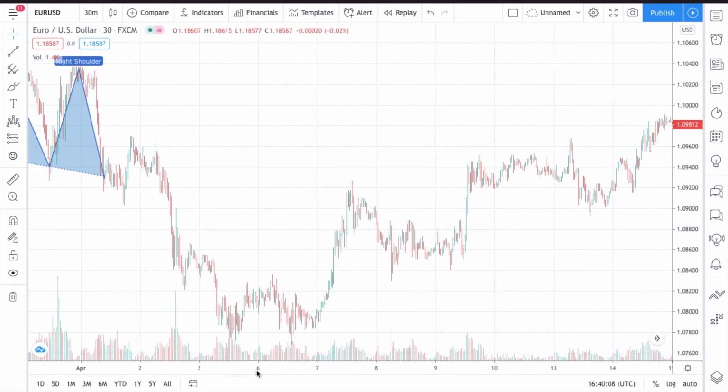We can now conclude that this is a reasonable trading method to spot reversal patterns across currency pairs.